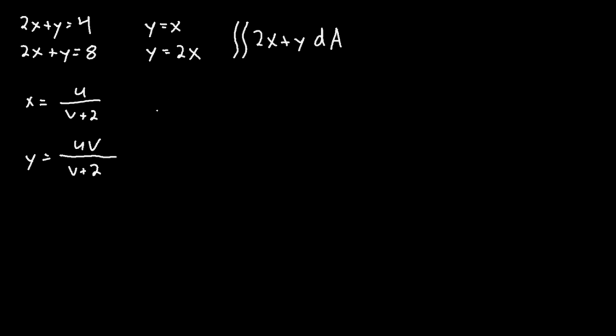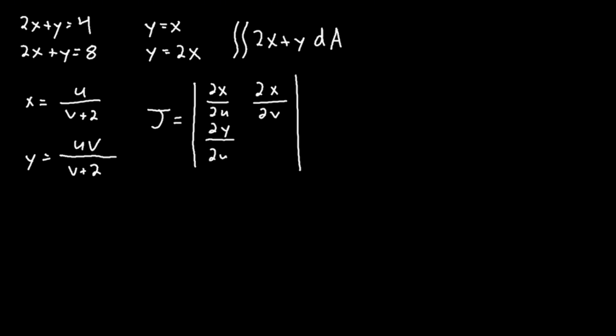It's pretty important. So we'll set up our Jacobian matrix. And remember, the matrix is set up like so, with rows designated to rectangular coordinates and columns designated to our new variables, u and v in this case: partial x with respect to u, partial x with respect to v, partial y with respect to u, and partial y with respect to v. If we find the partial of x with respect to u, this would be 1 over v plus 2.